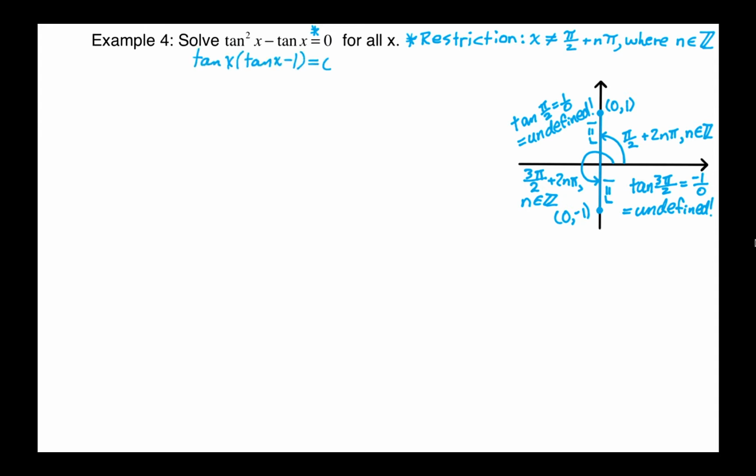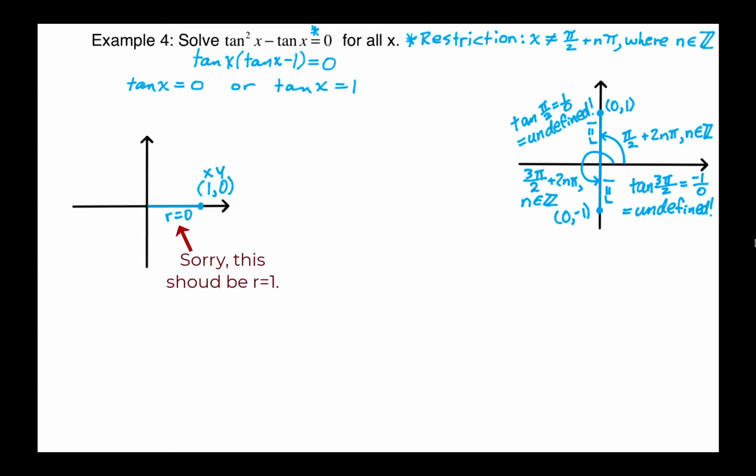Now, moving on to solving the trigonometric equation, we factor it first. So either tangent of x is 0 or tangent of x is 1. So for tangent x equals 0, you can see that an angle of 0 will work because the tangent of 0 over 1 will give you 0, so that works. And the other situation is pi.